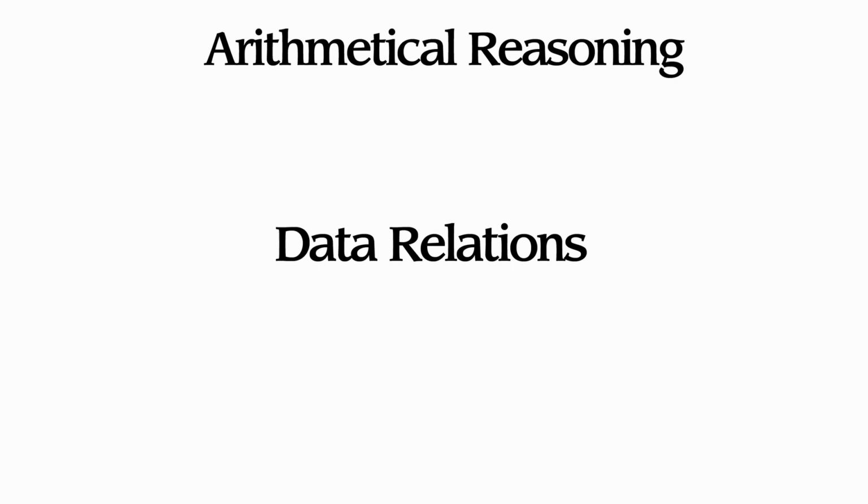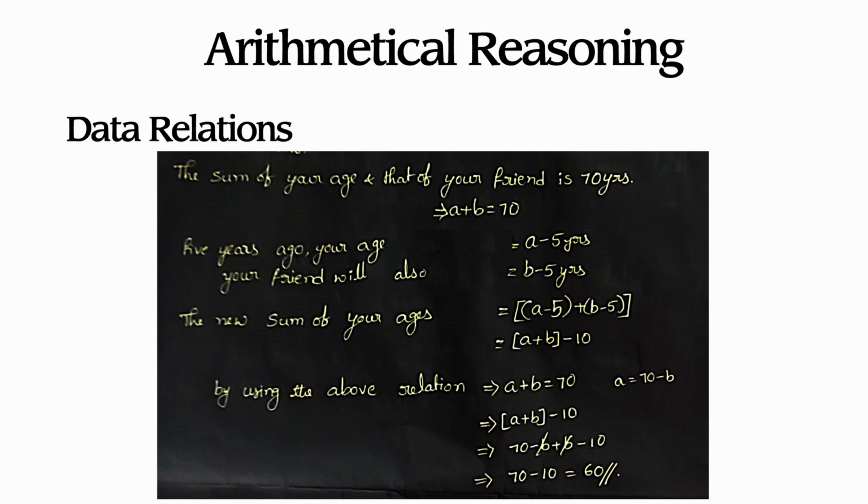Let us figure out the answer and develop a method that we can trust to solve similar problems. The first step in such questions is to figure out the relation. This is the most important step. The relation could be a rule or an algebraic expression or even an equation. For example, in the above case, we can say that let A represent your age and B be the age of your friend.